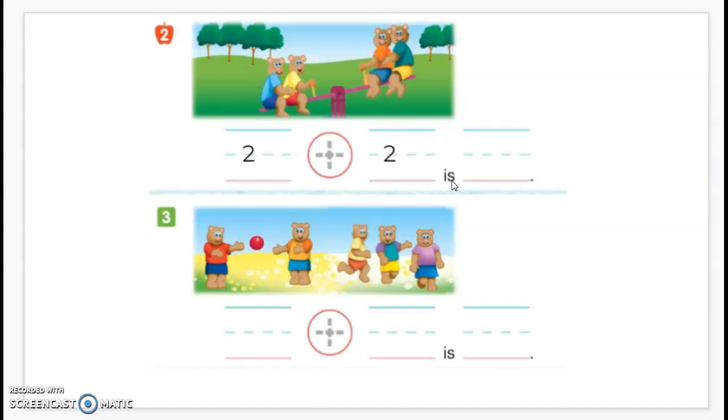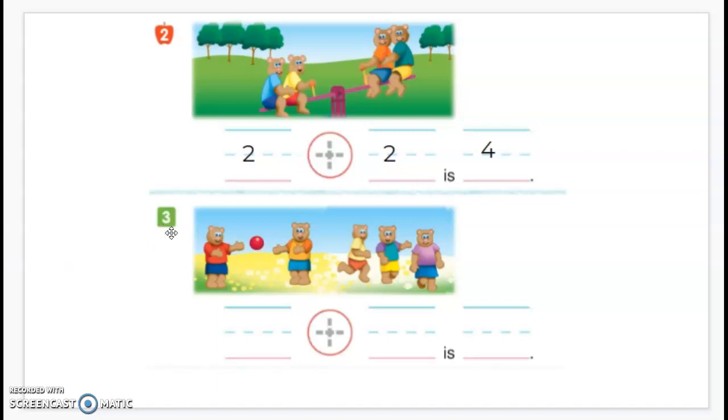And remember, to find out what number comes after the word is, we need to count everything. 1, 2, 3, 4. So let's read what we have. 2 plus 2 is 4.